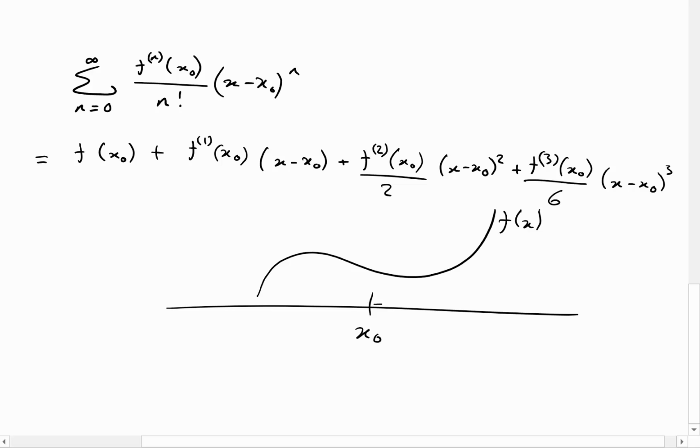With each extra term of the Taylor series which you're adding, you're basically evaluating the function over a wider and wider interval. Well, the idea with the radius of convergence is that the series only converges for a particular radius.